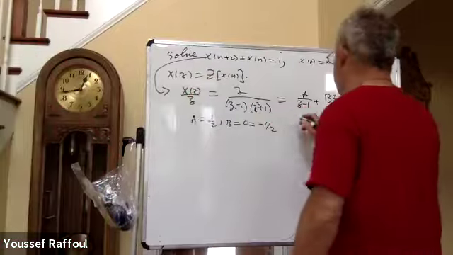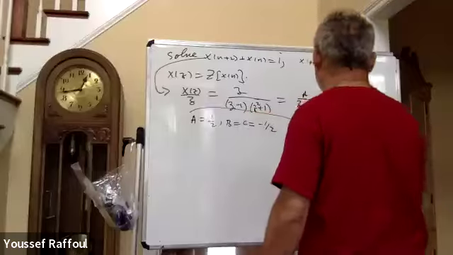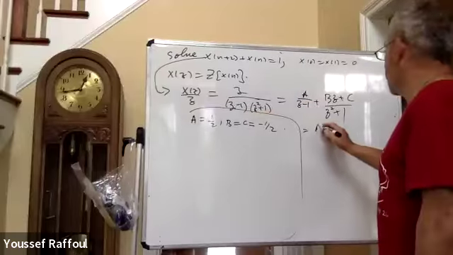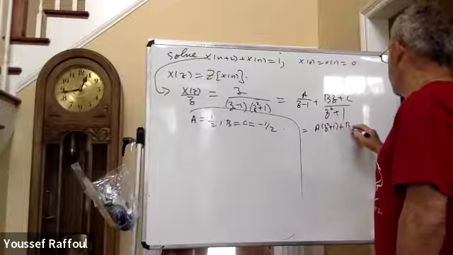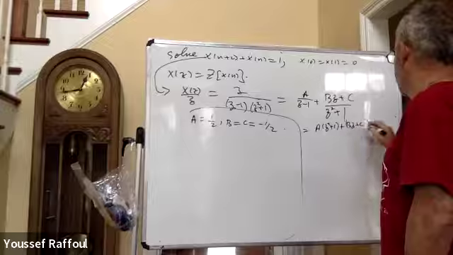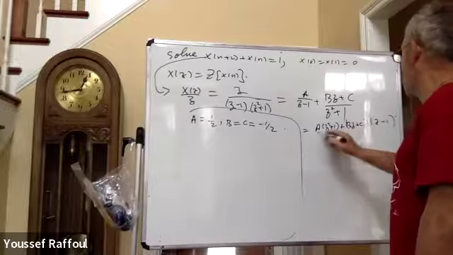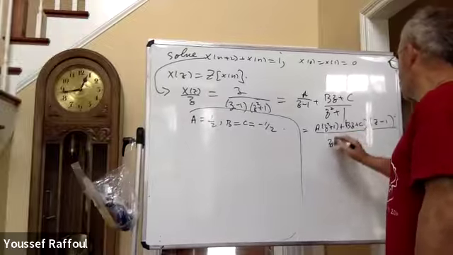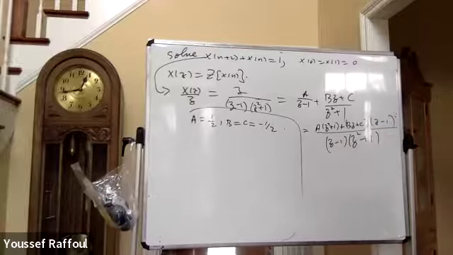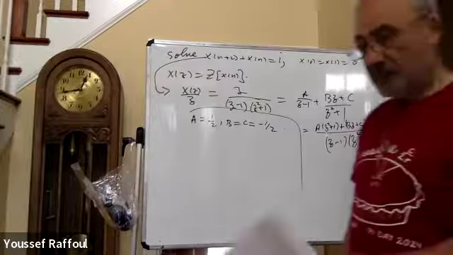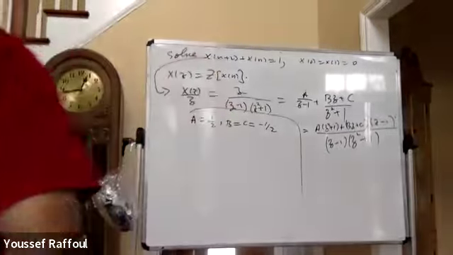See, this is equal to a times z squared plus 1 plus bz plus c times z minus 1, over z minus 1 times z squared plus 1. Okay?